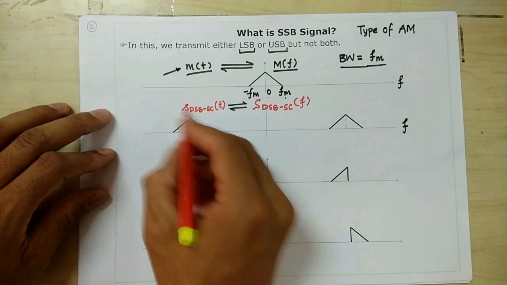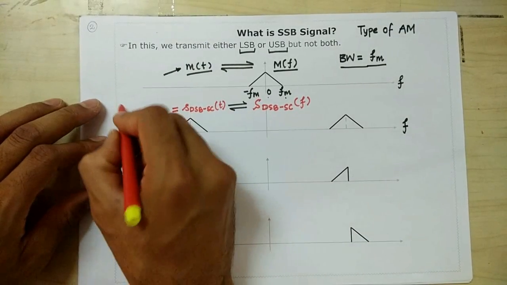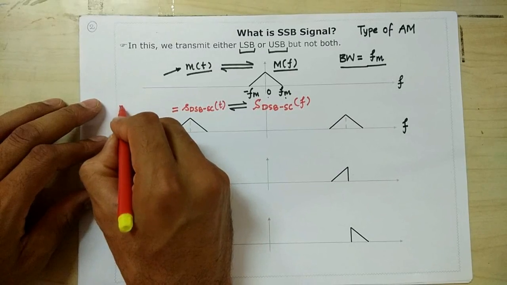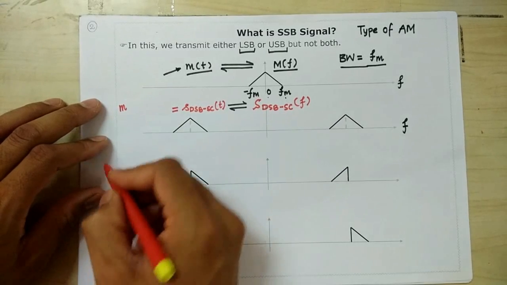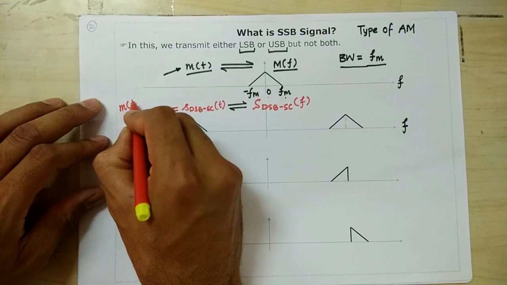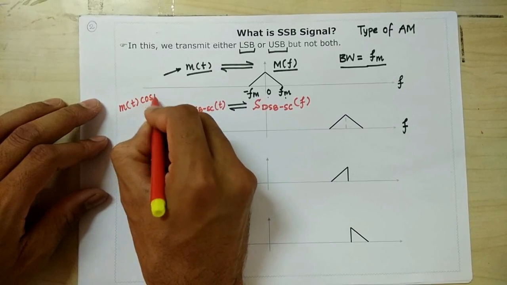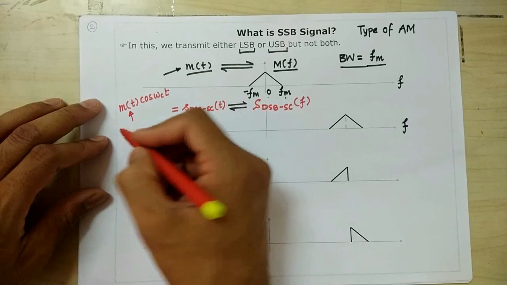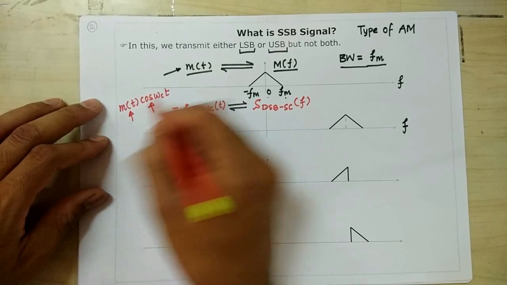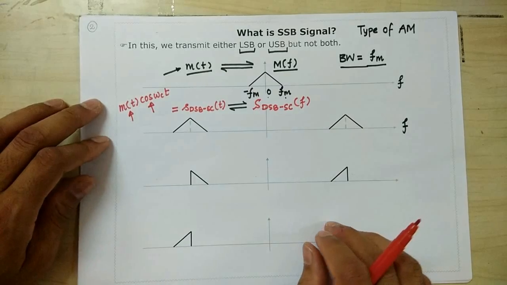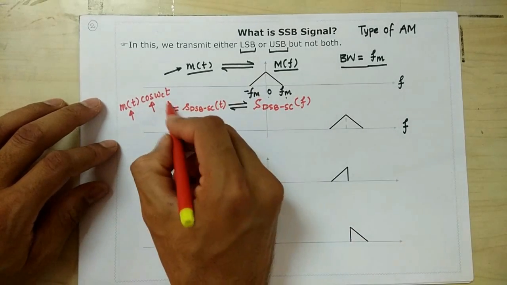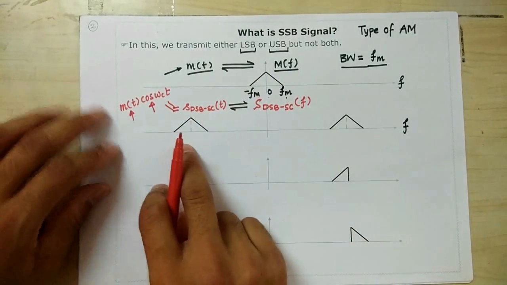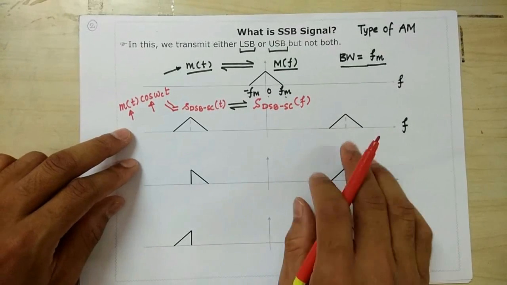The DSB signal, as you have already learned in the previous experiment, is basically m(t) cos(ωct), the multiplication of the message signal and the carrier signal. This is my DSB-SC signal whose spectrum we can plot like this.